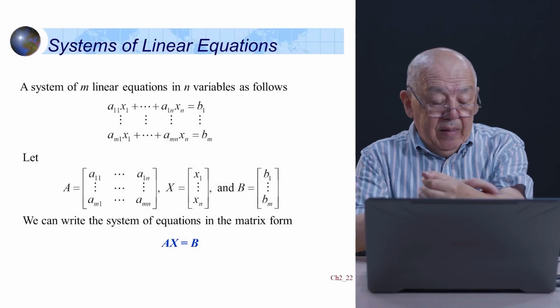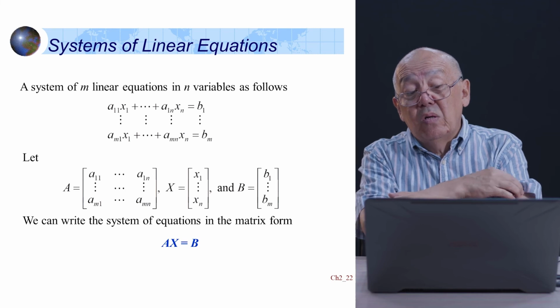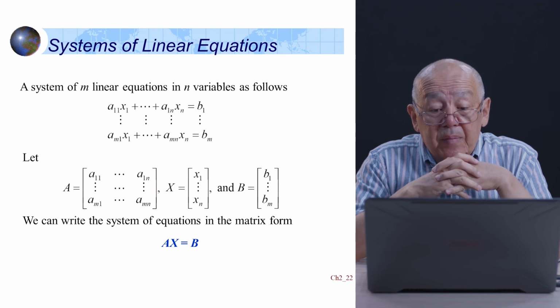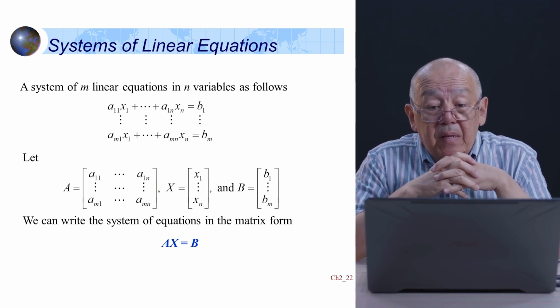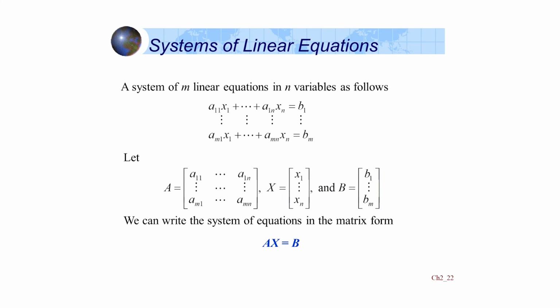Well, the first lecture was about systems of linear equations, and you see here these systems can be expressed as a matrix equation. First, the system is given by its abstract variables x1, x2, and so on, xn, abstract coefficients aij, and abstract constant terms b1, b2, and so on, bm.